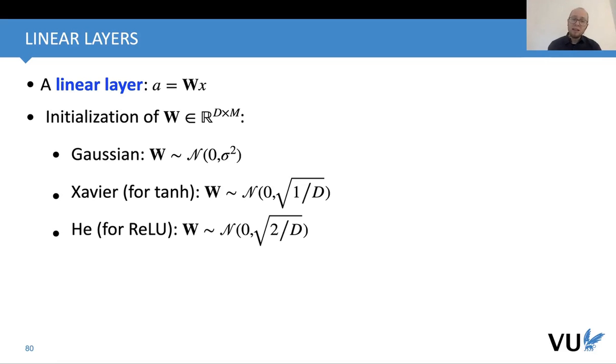For tanh, there is a specific value for variance, where there is this square root of 1 divided by the number of inputs. And for ReLU, it is 2 divided by the number of inputs. There is some analysis that provides motivation for this kind of initialization. Okay, so these are the most commonly used initializers.